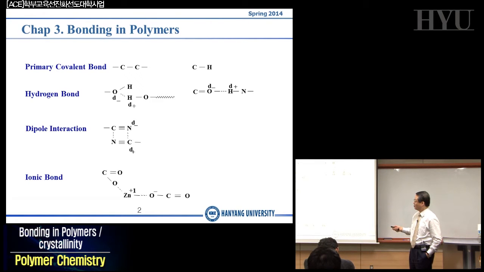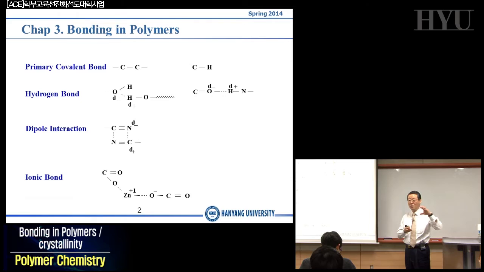Dipole-dipole interactions are the ones where you have nitrogen rich in electrons, with one unshared electron pair, and you have a triple bond, which will provide a partial negative charge to the carbon. So this nitrile group and another nitrile group will form dipole-dipole interactions.